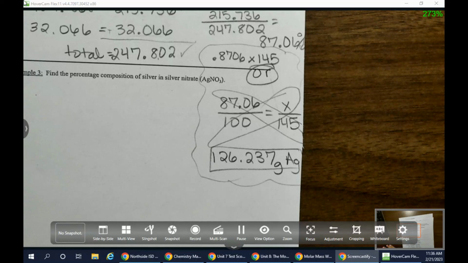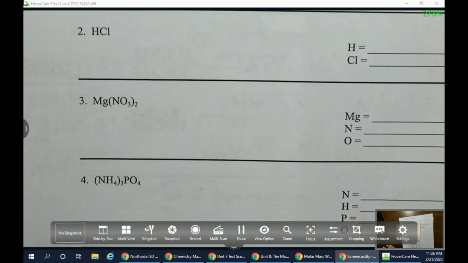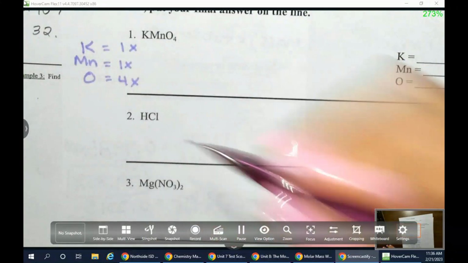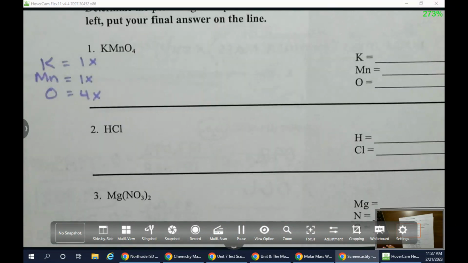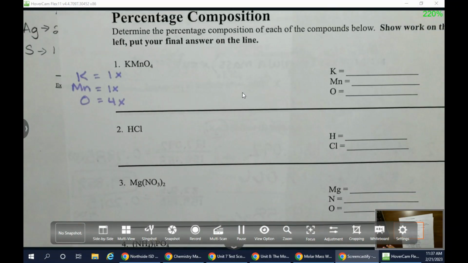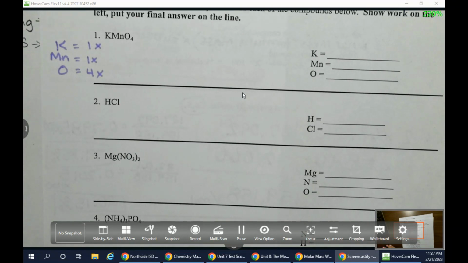And what I'm going to have you do is I would like you guys to try out number 1 and number 2. Okay? And I'll put the percentages off to the right. That way you have that to check. And then once you've gotten done with number 1 and number 2, I'm going to get you to please pull out Schoology and knock out the percent composition assignment.